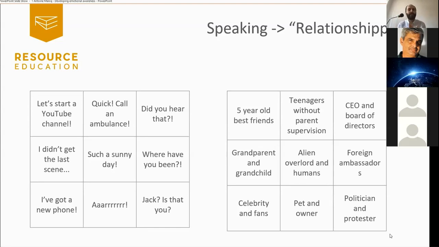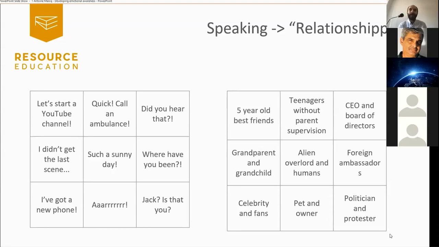I will always put my students in a role play where they're in a relationship that they didn't expect, because typically, students have trouble getting out of the normal level of formality and familiarity that they have. It's all about acting.